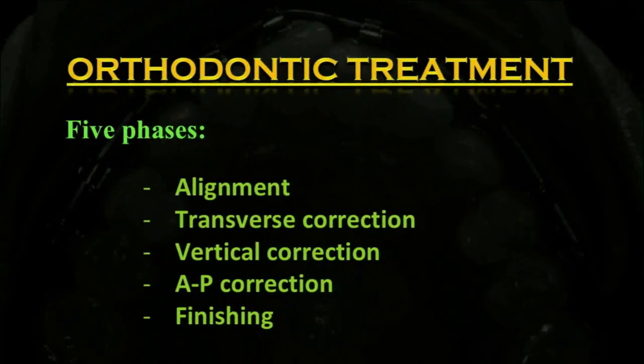And in order to look for efficiency, it's an interesting idea to divide the orthodontic treatment into four phases: alignment, transverse correction, vertical correction, AP correction, and finishing. And it's a good idea to try to relate those to the treatment time.